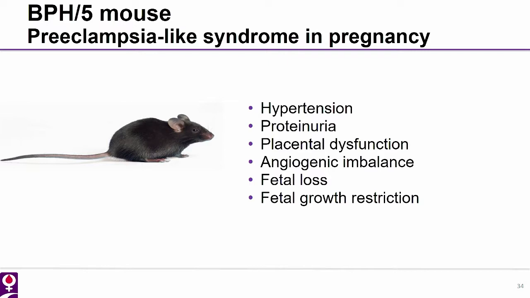We also, one of the people working at Cornell was interested in this particular mouse model, which is a preeclampsia syndrome mouse model. And mind you, I know nothing about this model to speak of, except that you see that it has dark fur as opposed to white fur. That's what I recognize as a difference right here. But this particular non-autoimmune mouse, if I may describe it as such, gets hypertension, proteinuria, placental dysfunction, and so forth.